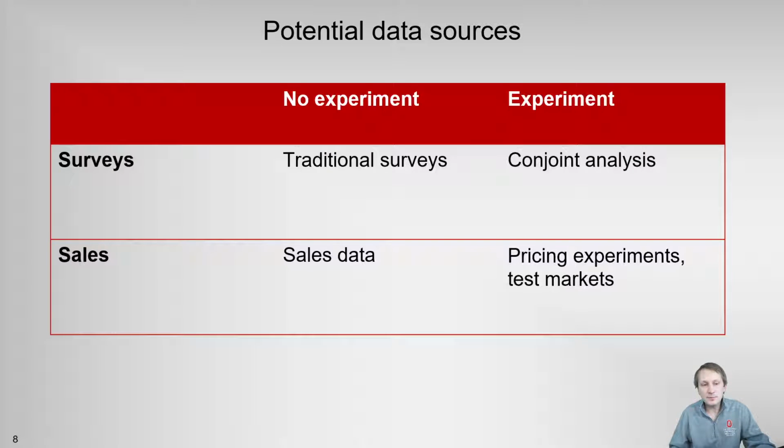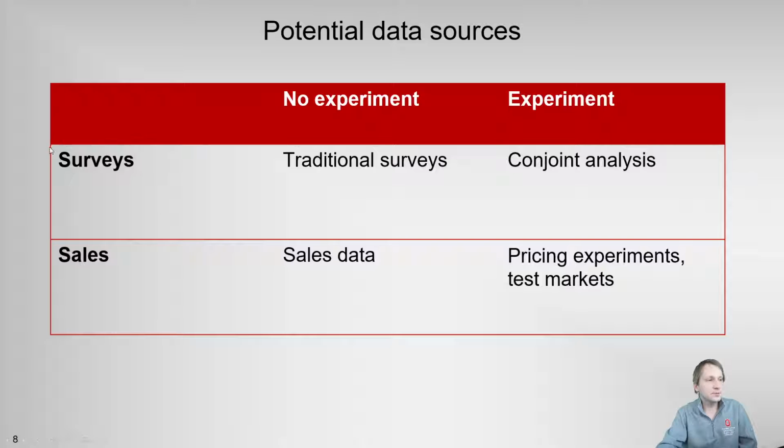So what could other potential data sources be? We're just talking about conjoint analysis here, but why do we actually need it? Because there are so many other data sources, right? Well, this is one way to draw that distinction. You can make 2 distinctions, basically. Either you don't have an experiment, so you just look at the actual sales data that's already out there, or you have experimental data, where you're controlling the type of offerings that respondents or subjects react to.